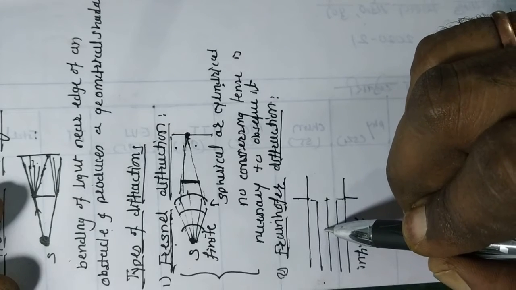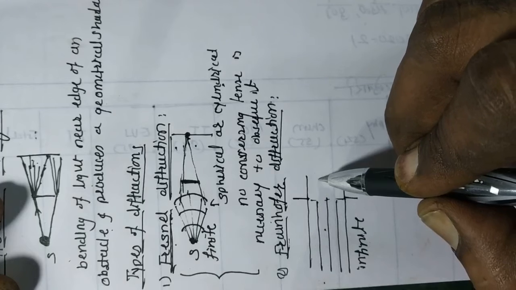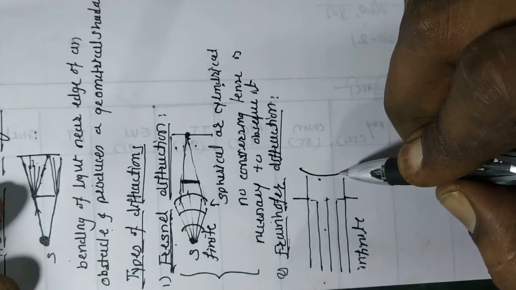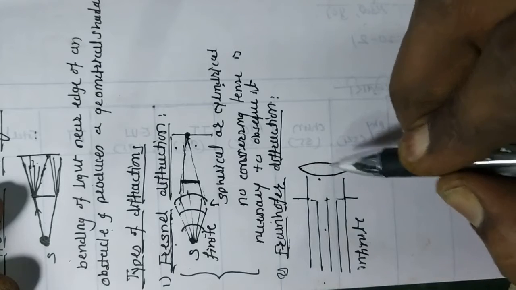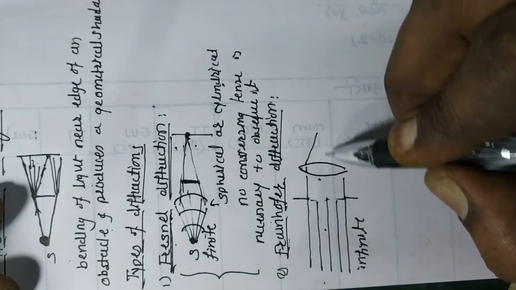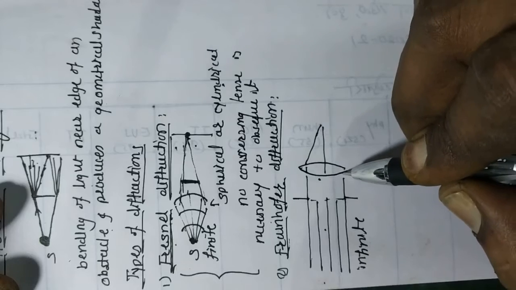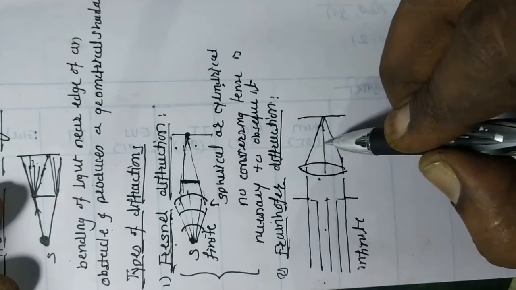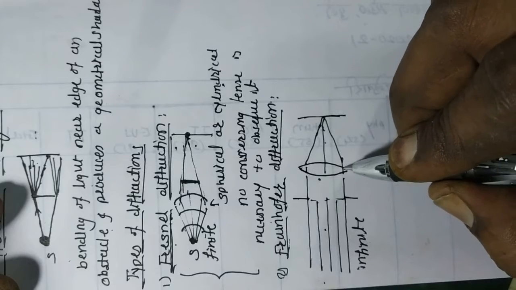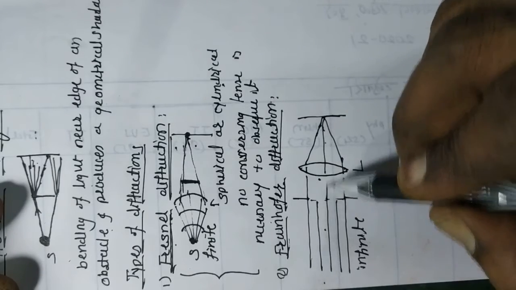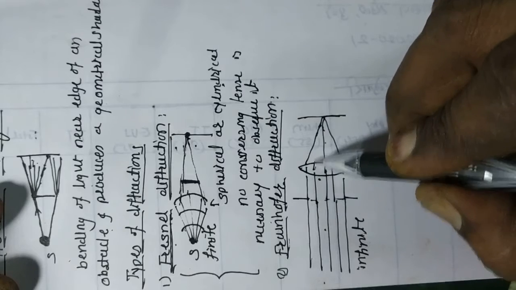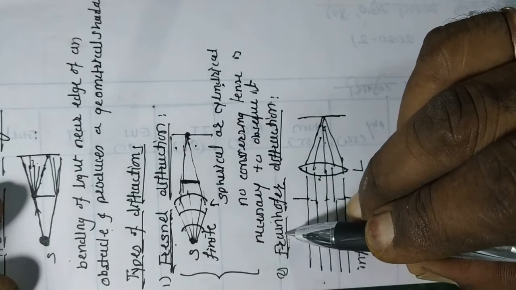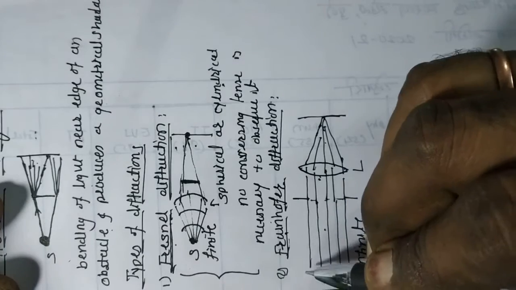Both incident wavefront as well as diffracted wavefront are plane, and hence a converging lens is necessary to converge light after diffraction. Such a type of diffraction is called Fraunhofer diffraction.